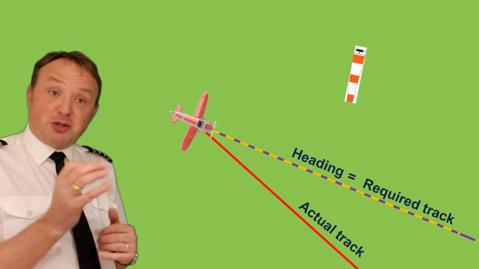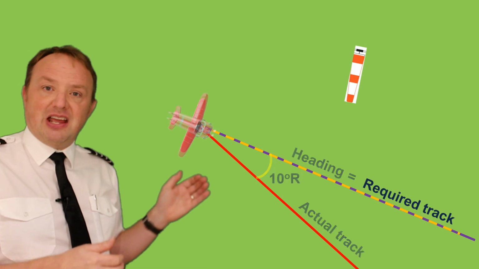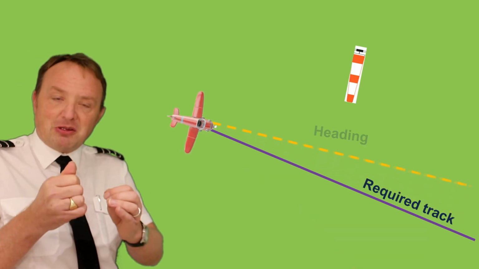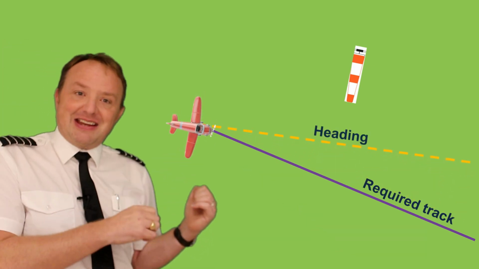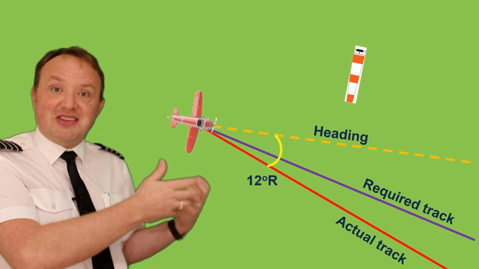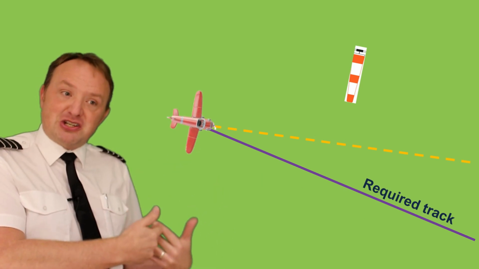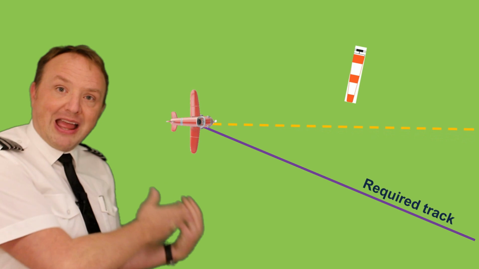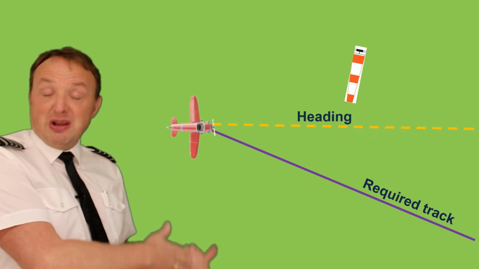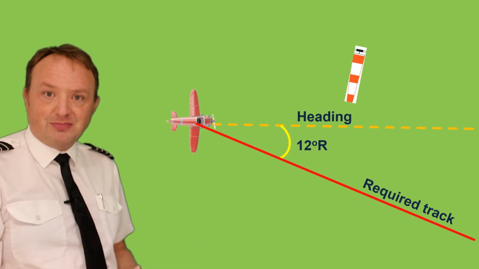But how much, in other words, what the drift angle is, will allow us to adjust the heading appropriately. However, now that we've adjusted the heading, the drift itself may also change, which means we're going to have to adjust the heading again. We continue to repeat that process until eventually we have a situation where we've got heading and drift, which gives us the track that we actually want.